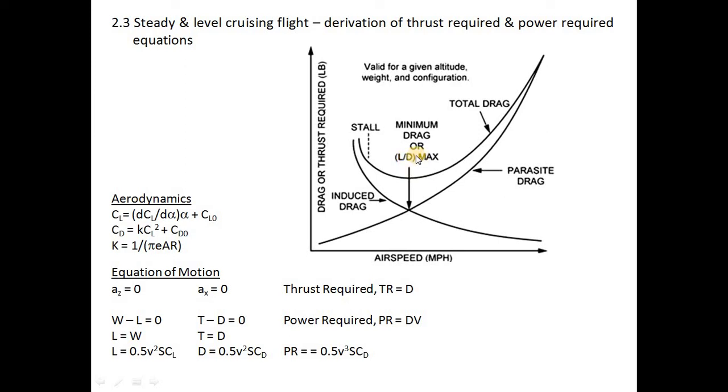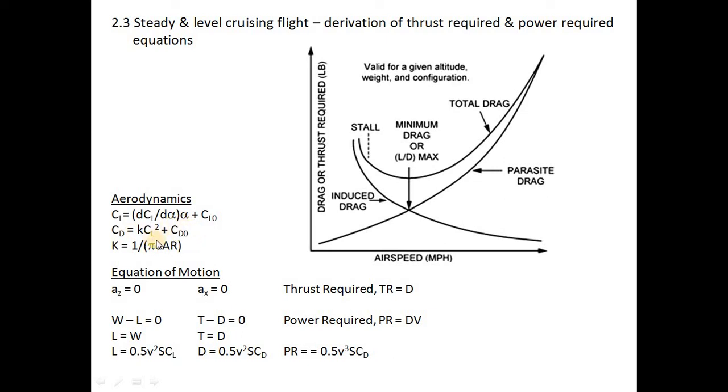So it is actually affected by two factors. One is the induced drag, another one is the parasite drag. If you look now on the left, CD equals K CL squared plus CD naught. Now K CL squared is induced drag, CD naught is parasite drag.